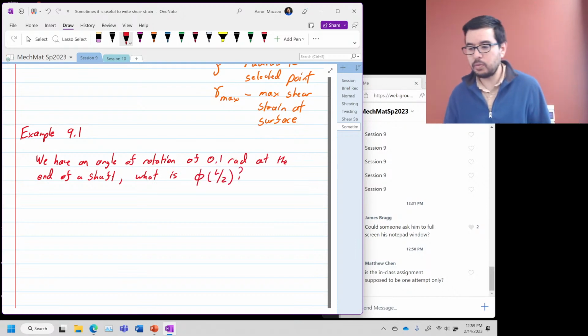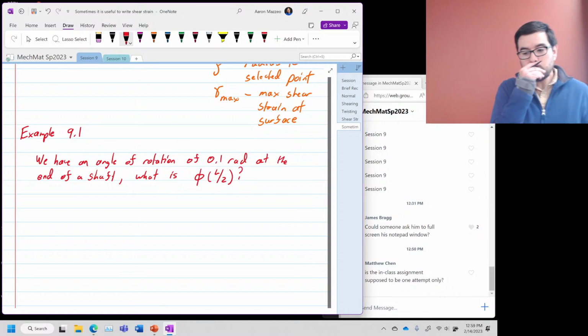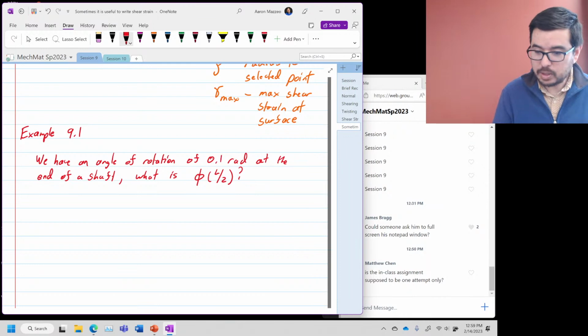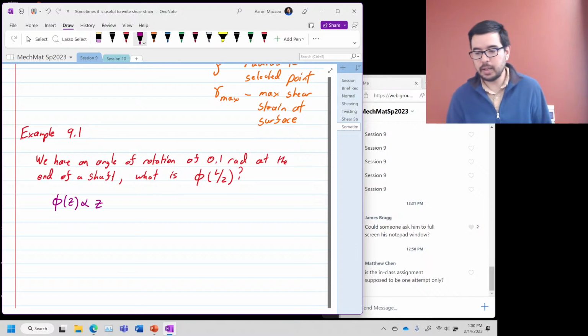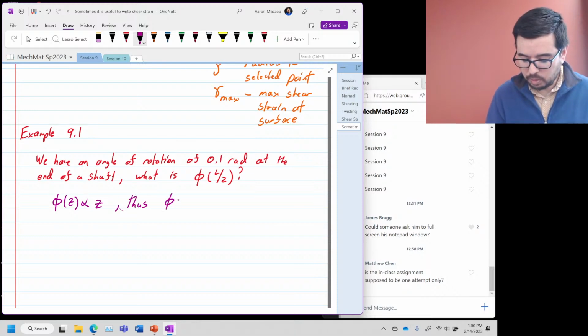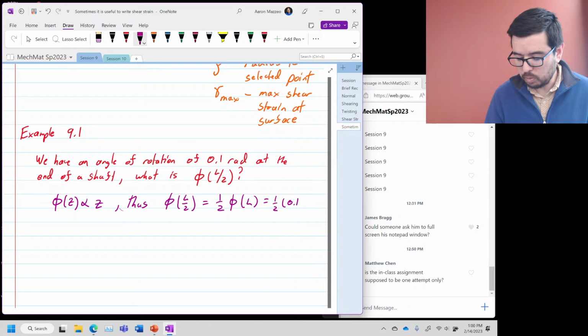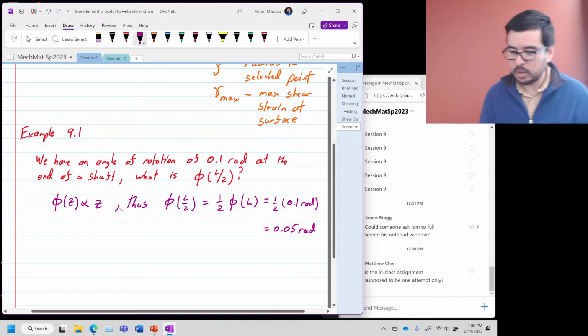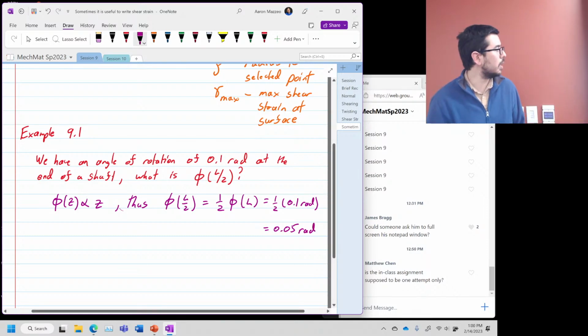Well, we already kind of did this. We said that phi of z was proportional to z. So we can say that phi of L over 2 is just going to be equal to 1/2 of phi of L, which is 1/2 times 0.1 radians, which is going to be 0.05 radians. Not too bad.